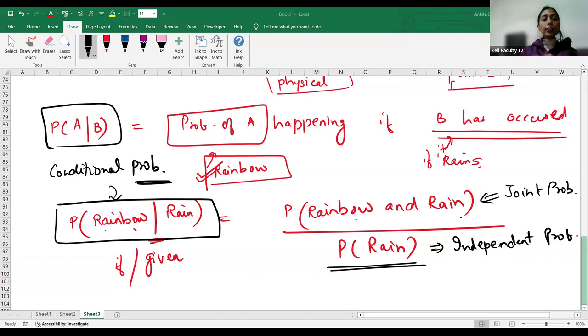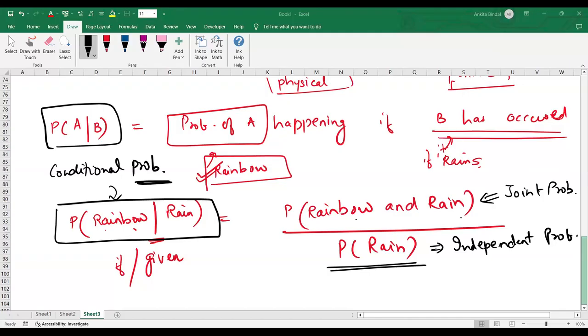Is it an event? Yes. If you roll a die and the outcome is an even number, is occurrence of the even number an event? Yes.